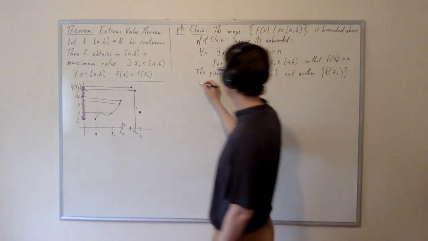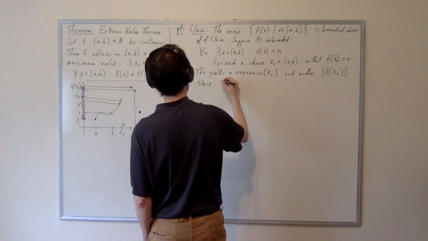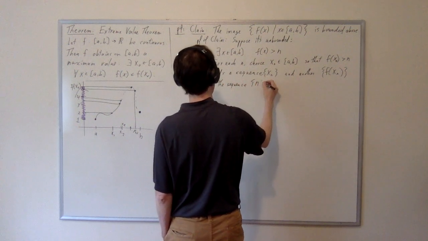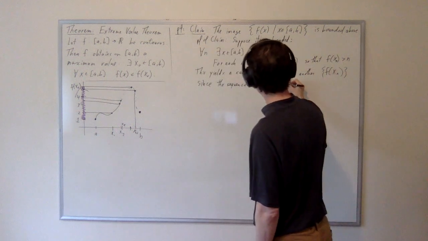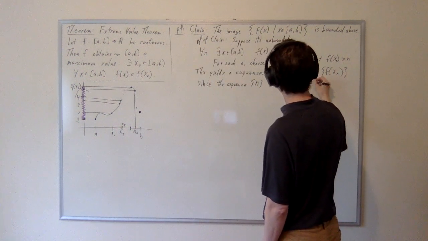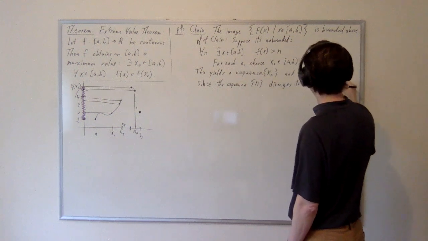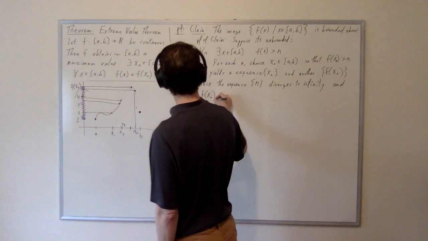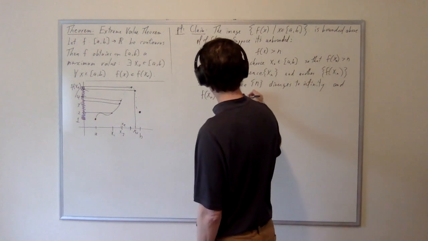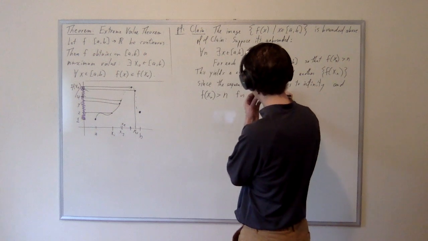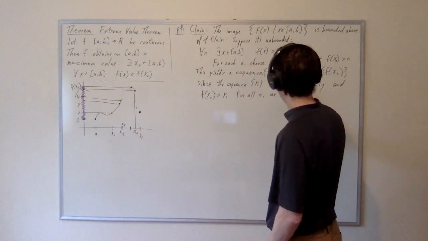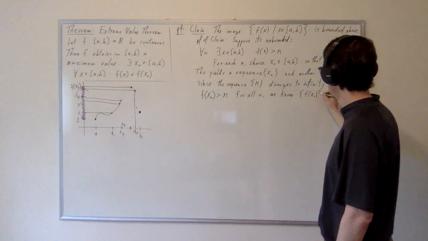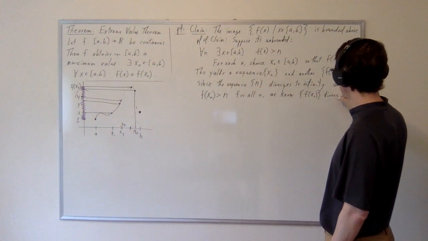And so since the sequence n, just n itself, diverges to infinity, and since f of xn is greater than n for all n, we can conclude that the sequence f of xn also diverges to infinity.